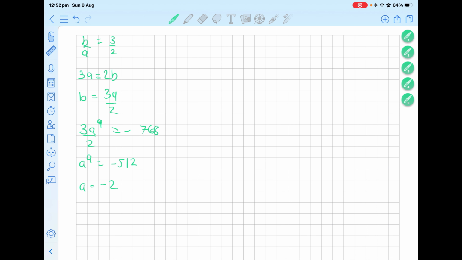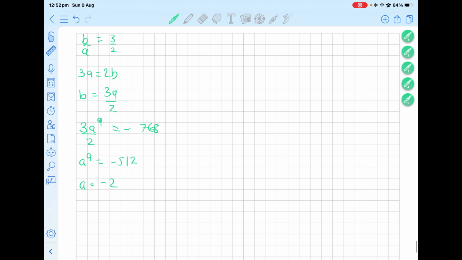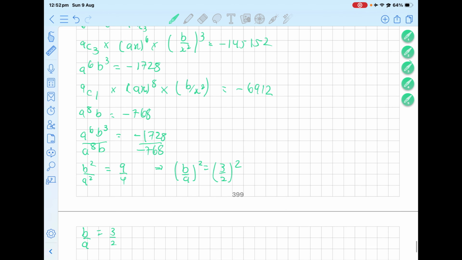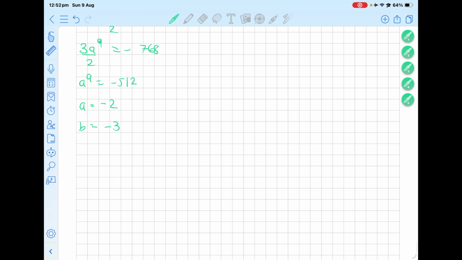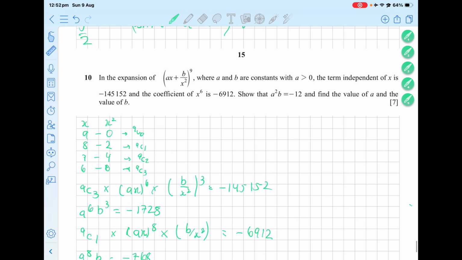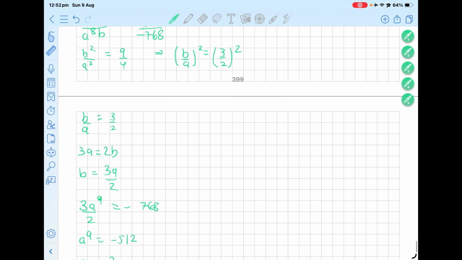And since b was this, b is going to be minus 3. That explains why both of these were negative. So a is minus 2 and b is minus 3. So that is our answer for now.